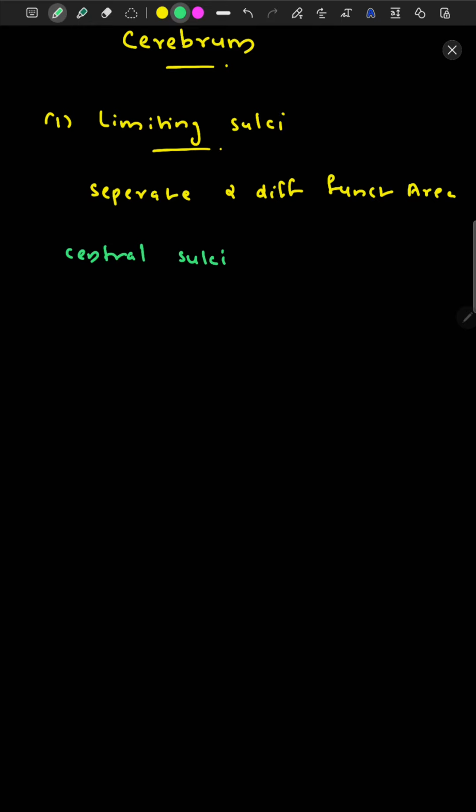You can see that the central sulci divides two regions, that is, the motor gyri in front and the sensory gyrus behind.